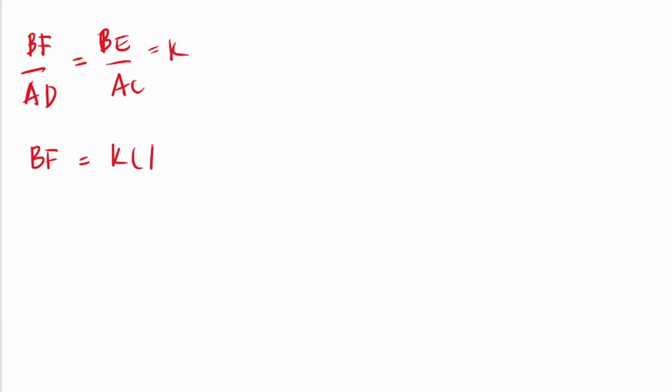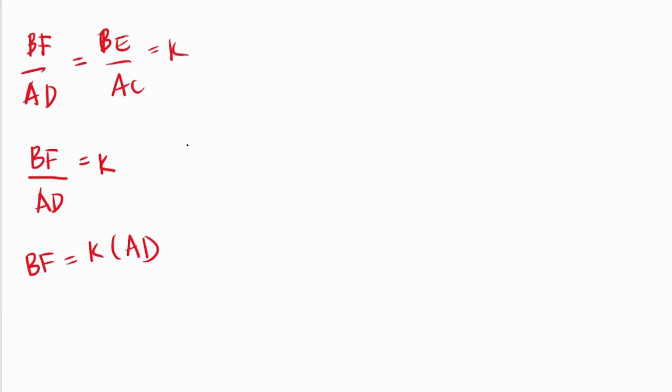BF by AD equals BE by AC, and BE by AC equals K. Yeah, BF by AD equals K, so BF equals K into AD.